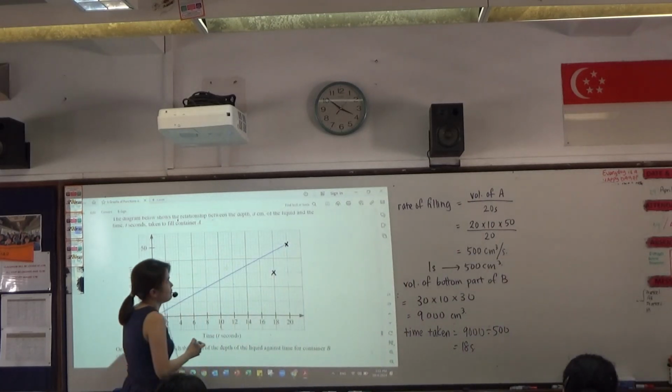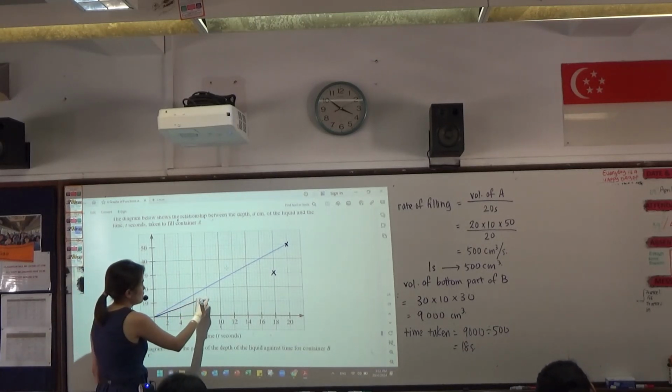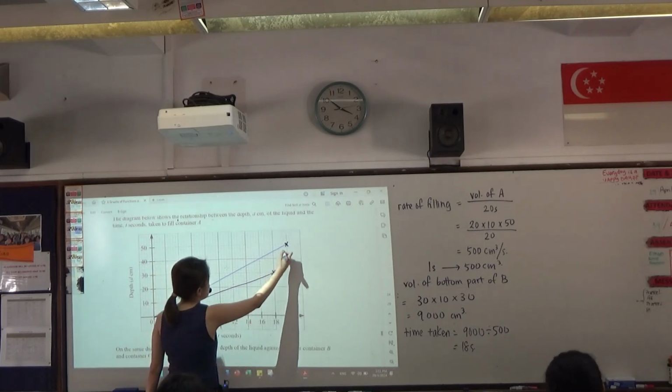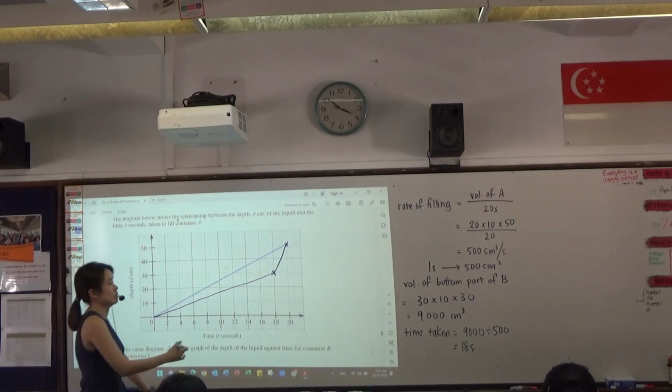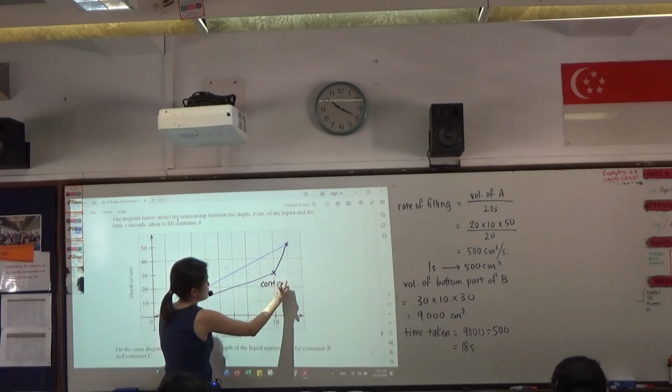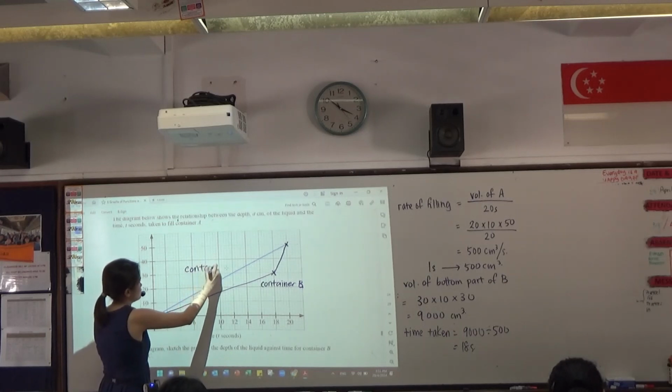All of it has a height of 15. So therefore, use a straight line ruler, or a straight ruler to draw your straight line. Okay, so this will be your container B. Over here is your container A.